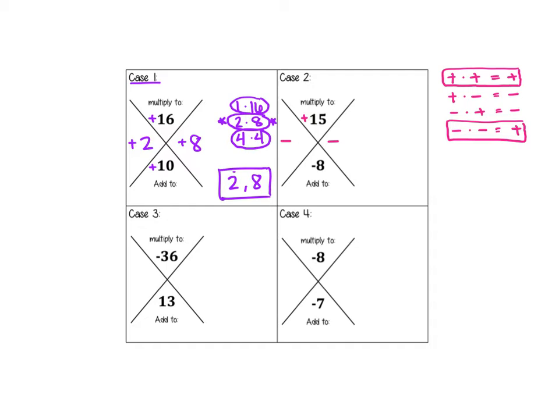And then I can make a list of all of my things that multiply to 15. 1 times 15, 2, nope, I can't divide 15 by 2. 15 divided by 3 is 5, so 15 is 3 times 5. And then I can't divide it by 4, and 5 is already on my list, which means those are the only 2 possibilities. It has to either be 1 and 15 or 3 and 5.